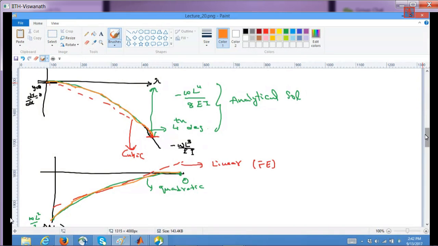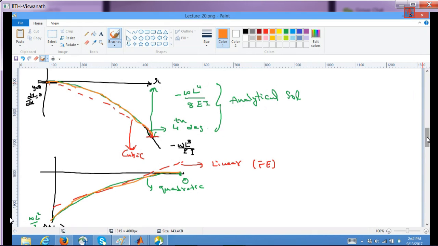That is the great thing about a finite element solution. In this case we could derive an analytical solution, but not in all cases. If you already know the analytical solution, why go for an alternate method? We choose an alternate method because we could not solve analytically, mostly in the 2D and 3-dimensional cases where we have complex geometry and complex boundary conditions.